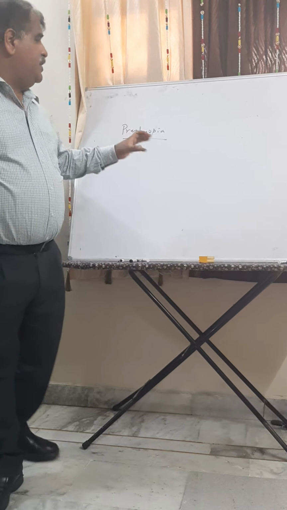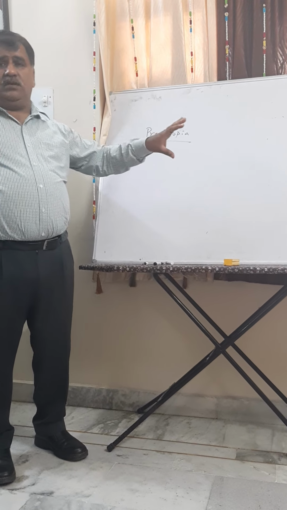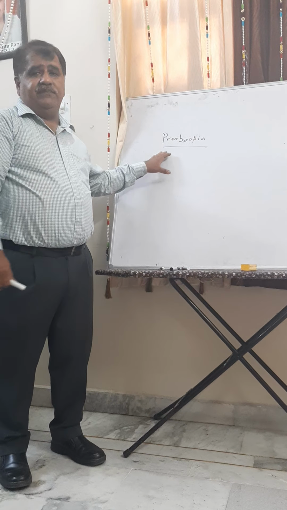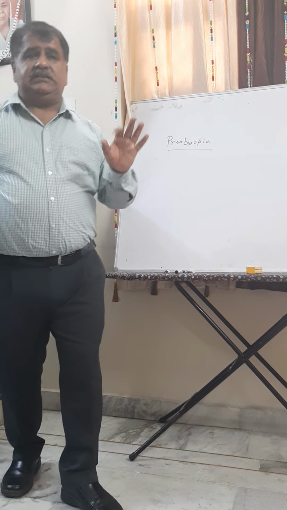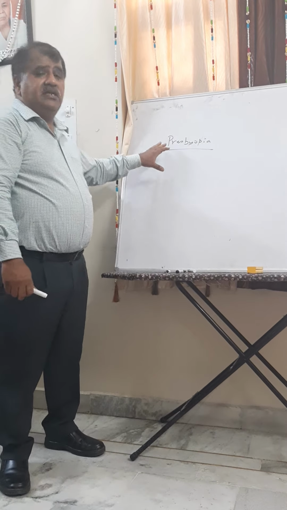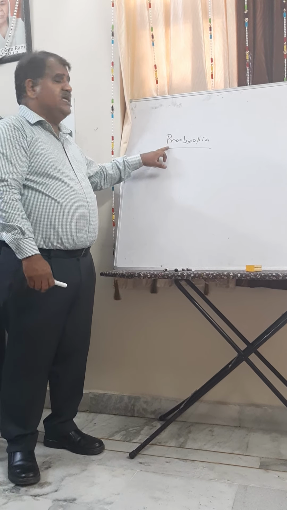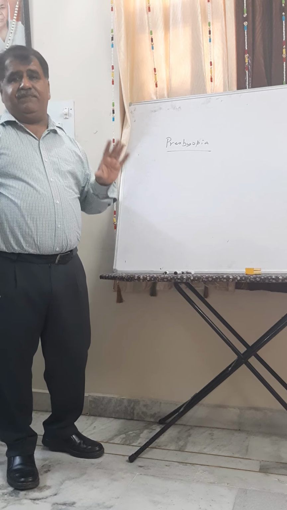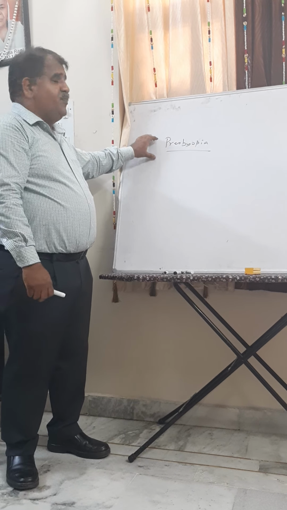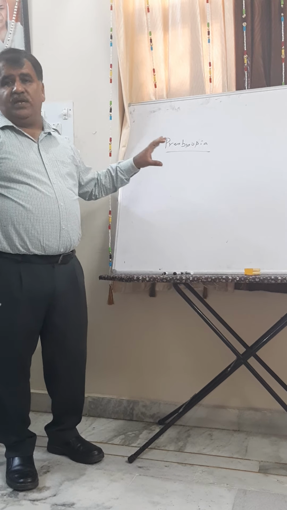Basically there is no difference between hypermetropia and presbyopia. Hypermetropia is when a person is not able to see nearby things clearly, and it can happen at any age, whereas presbyopia is old age hypermetropia.